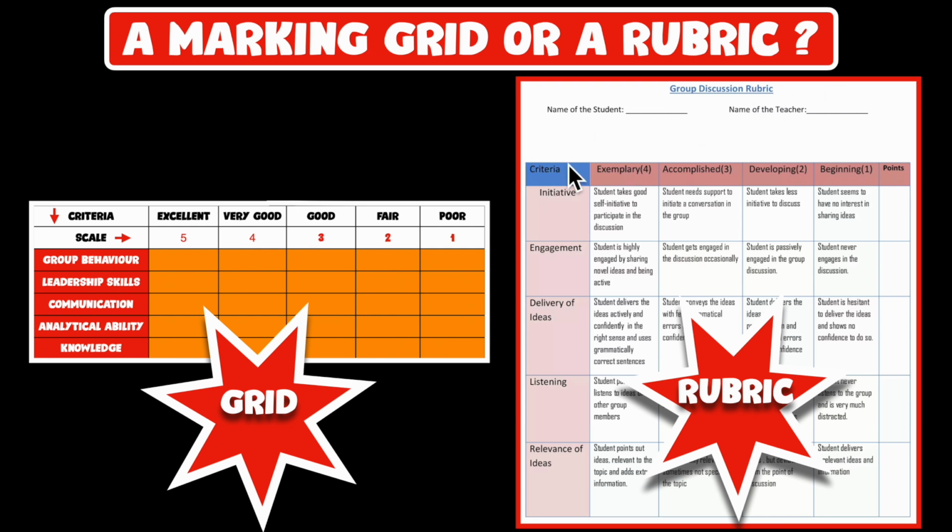For example, it has the different criteria, it has the different levels, it has the values assigned to each level, and it also has the descriptions. Therefore, this is a good example of a rubric, and in this case, this is an example of a rubric to assess students on group discussions.